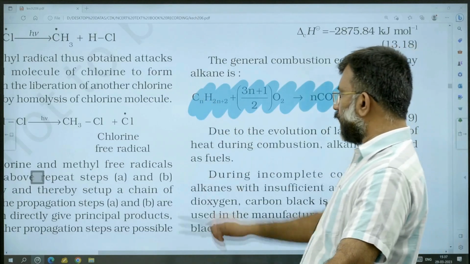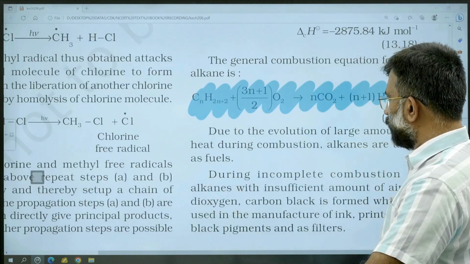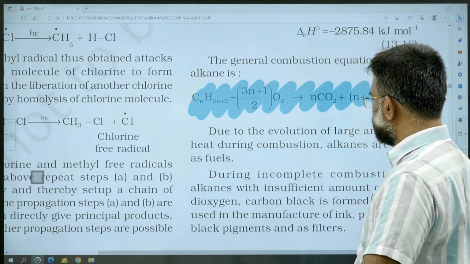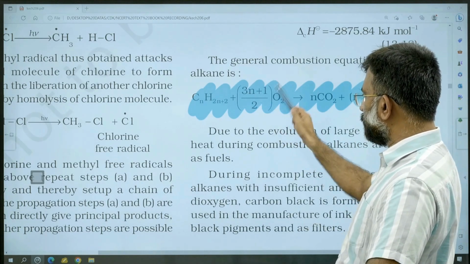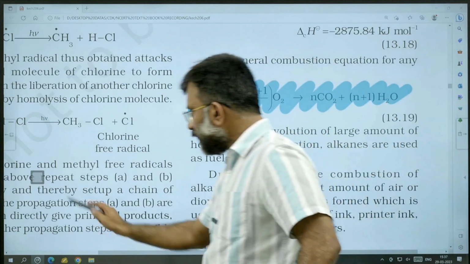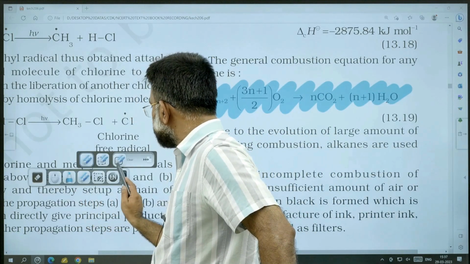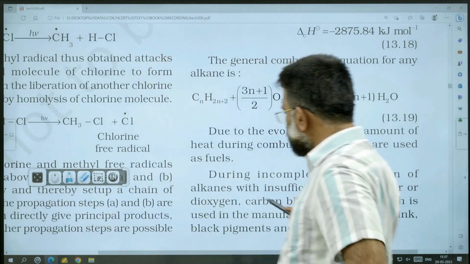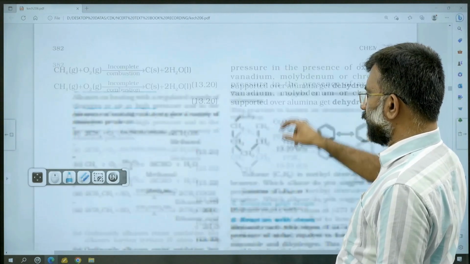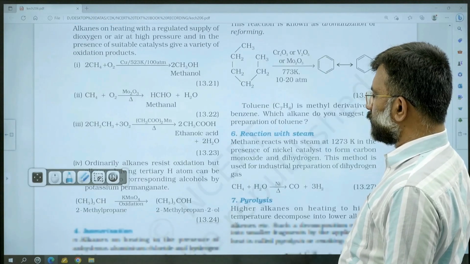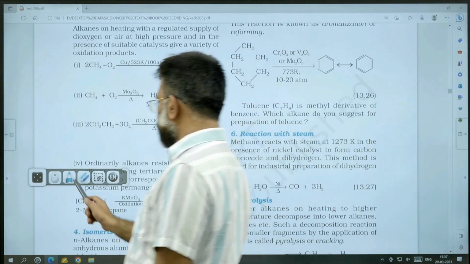N number of carbon atoms give N number of carbon dioxide, 2N plus 2 hydrogen atoms give N plus 1 water molecules, and oxygen will be (3N plus 1) by 2. General format.